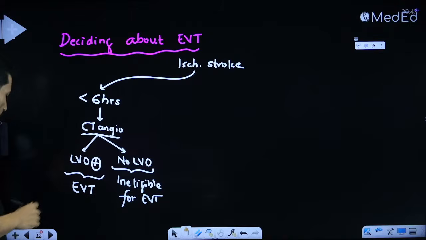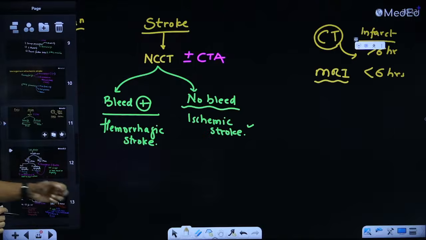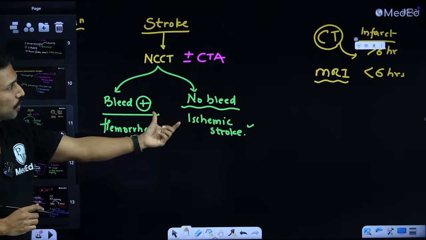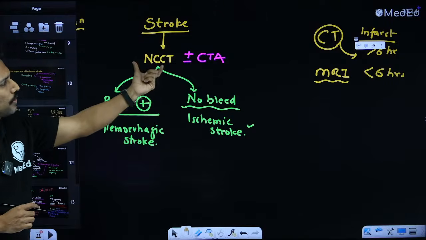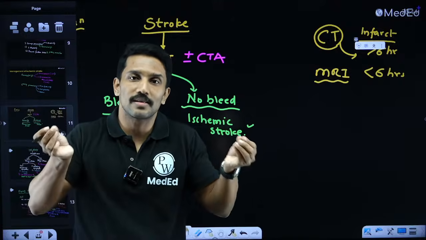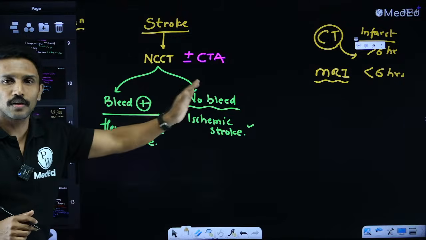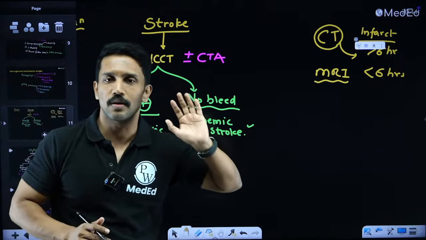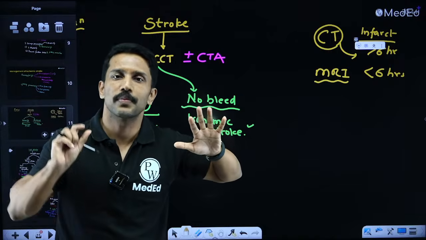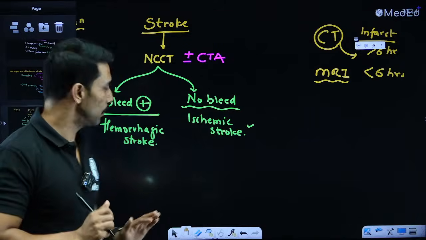I have to go for CT angio. That's why I told you initially, when you're evaluating a case of stroke to know whether it is ischemic or hemorrhagic, in the same sitting, finish off the CT angio itself, so that you have the clarity. By the time you have to take a decision about EVT, you already know where the block is sitting, whether it is in the larger vessels, where EVT is feasible, or in smaller vessels where EVT is not feasible, right?